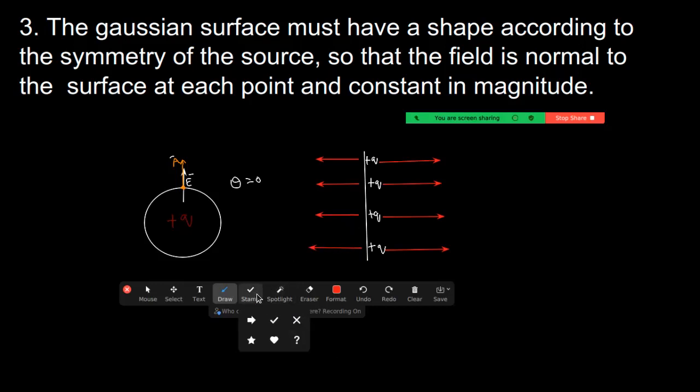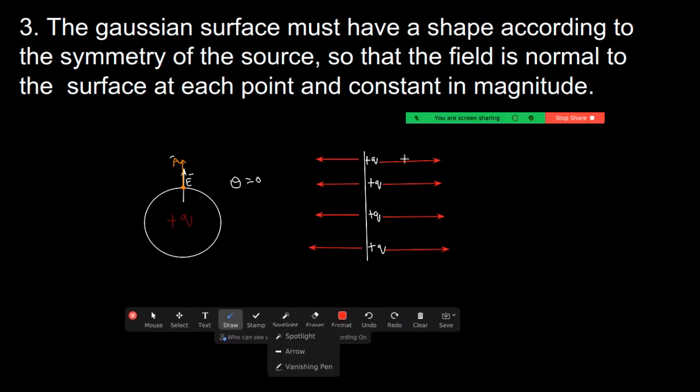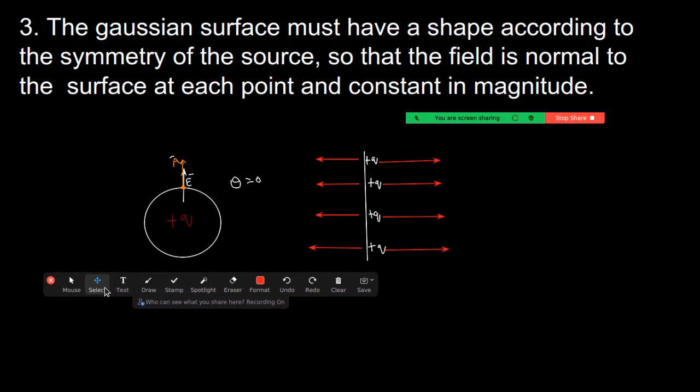Now I should be very careful, because I can't take a sphere to enclose this charge. So I have to choose a Gaussian surface which will help me to enclose all these field lines. The line charge is kept in space, so the field lines will pass through everywhere. Here I'm only drawing on a plane. Even on the back side it will be there, even on this cross side it will be there.